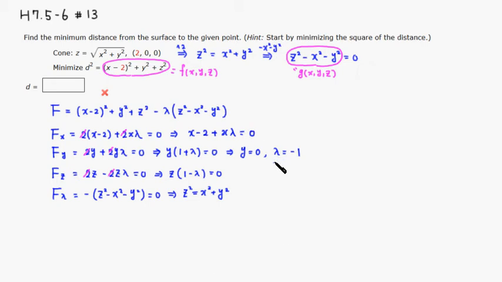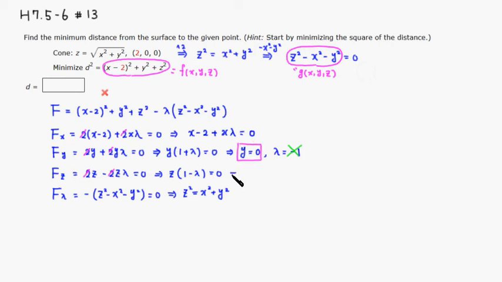If lambda equals negative 1, you have x minus x, which cancels out, leaving negative 2 equals 0, which is never true. So this cannot satisfy all four equations, and in this case y is equal to 0.